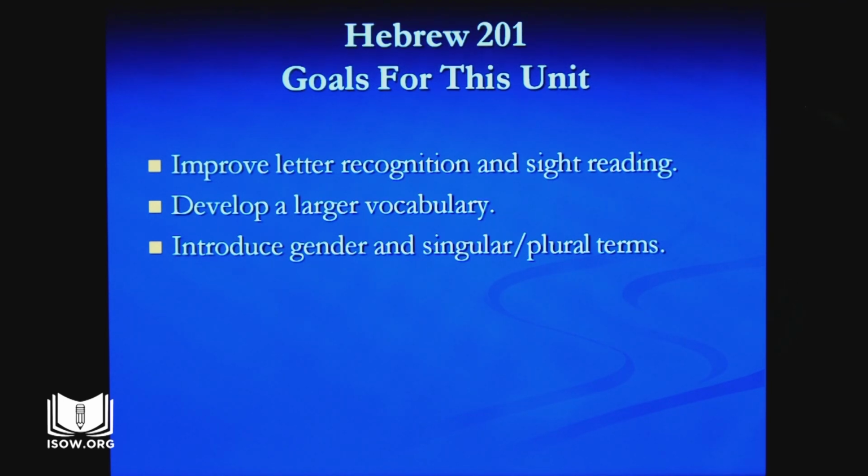English is not one of those languages where gender as it relates to words comes to mind, but it's very important in Hebrew. We're also going to introduce singular terms and plural terms, and we'll develop this as we go through the next 10 sessions.